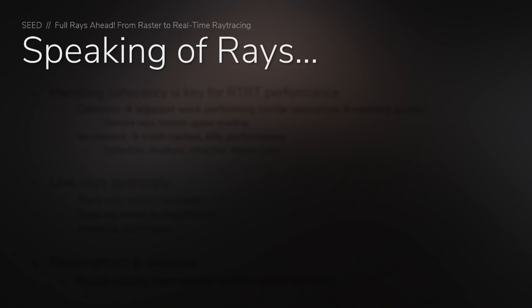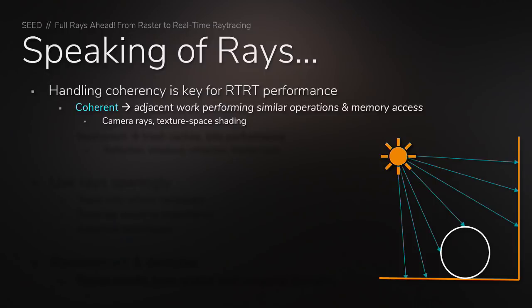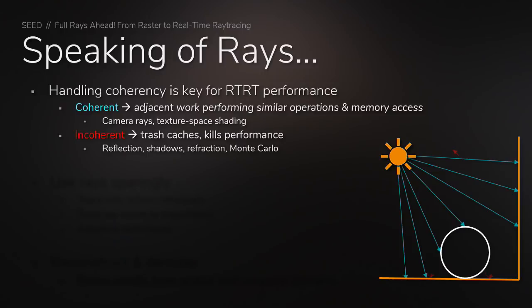And so, speaking of rays and performance, handling coherency is really key for real-time ray tracing performance. Obviously you're going to get some adjacent rays that perform similar operations and memory accesses, and they're going to perform well, while you're going to get some other ones that might thrash the cache and affect performance.